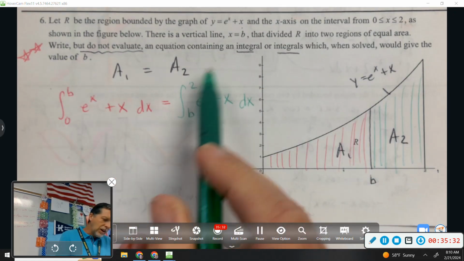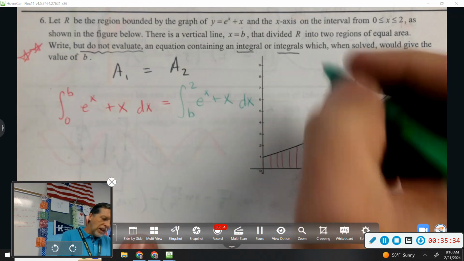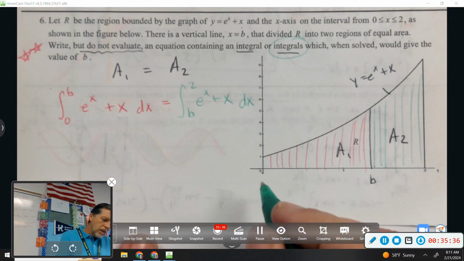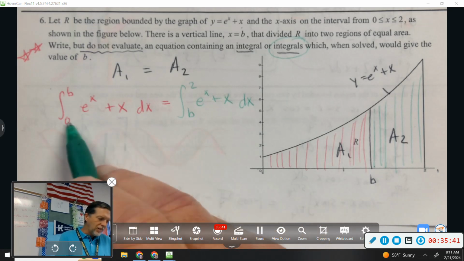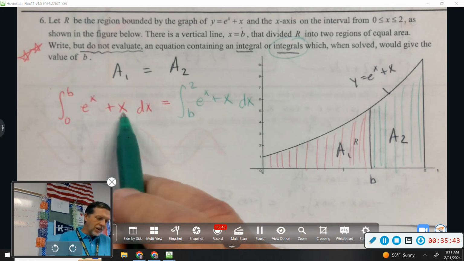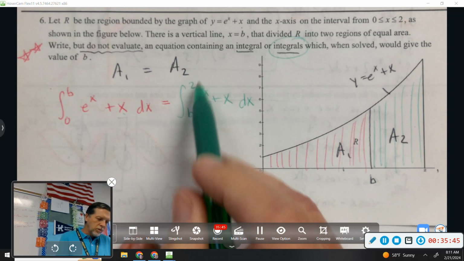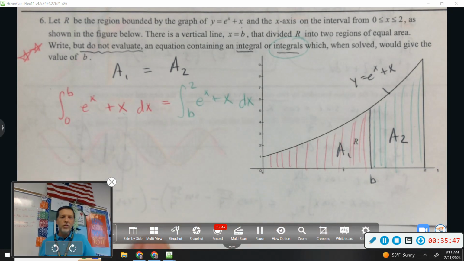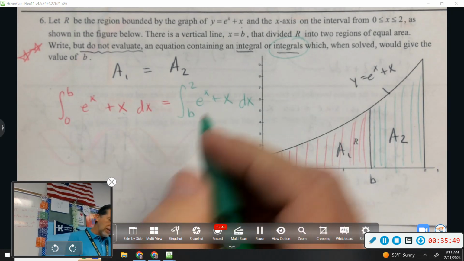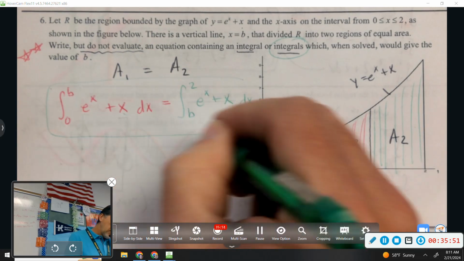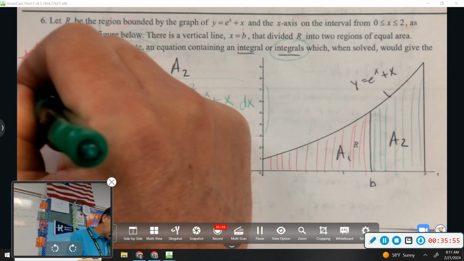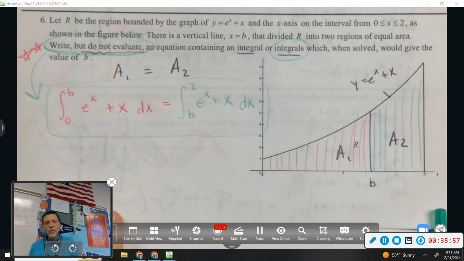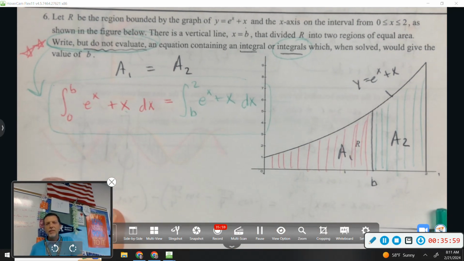I've got an equation containing integrals, plural, which when solved, meaning I don't have to mess with it, but if I solved it, if I took an antiderivative and plugged in b and 0 and 2 and b and did all sorts of algebra, I could figure out what b is. So write but do not evaluate, we like that because it's all about the setup. You don't have to worry about solving it.